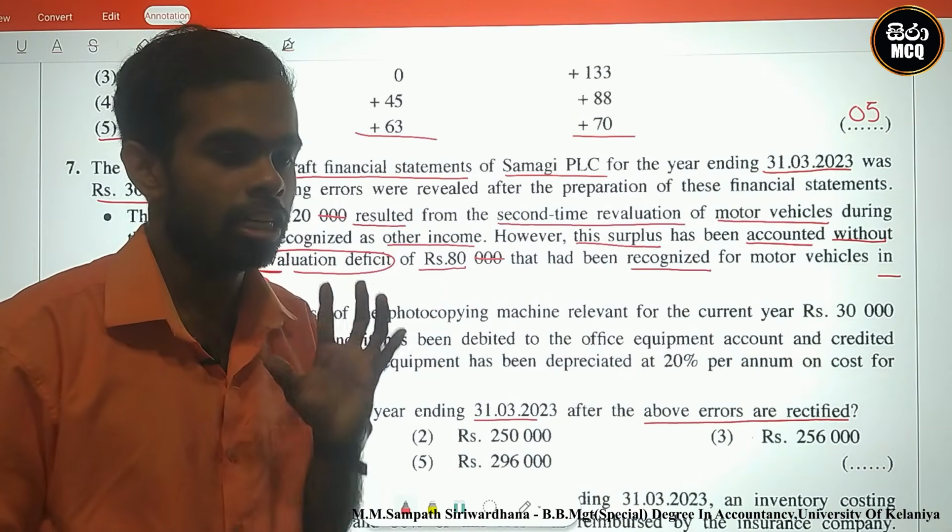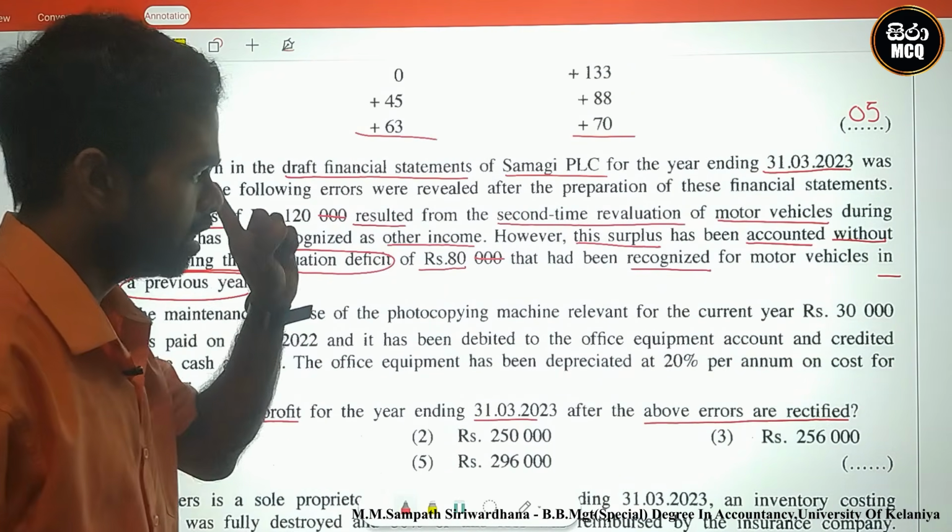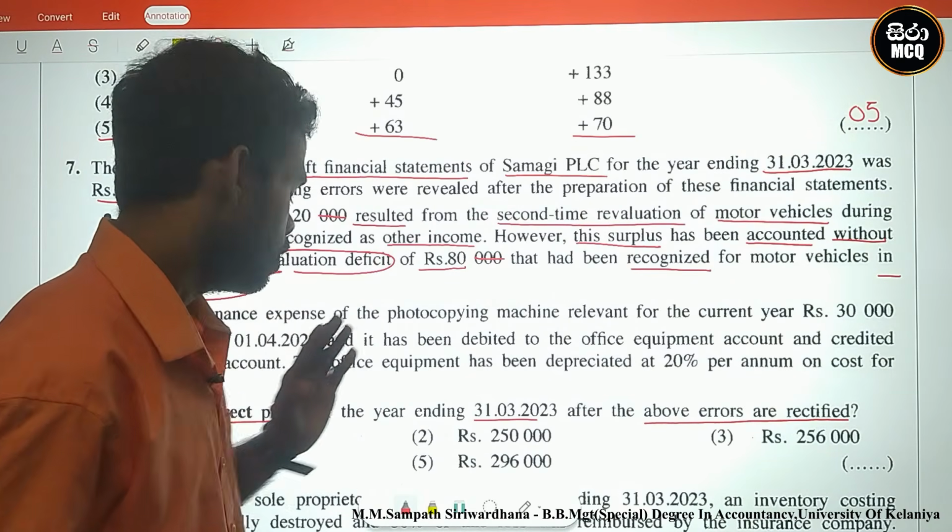There's a previous year revaluation deficit of 80. We must consider that.